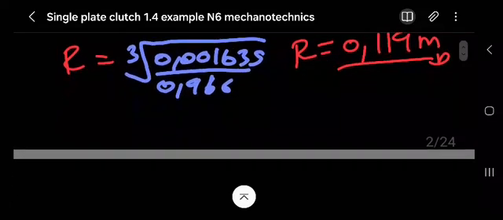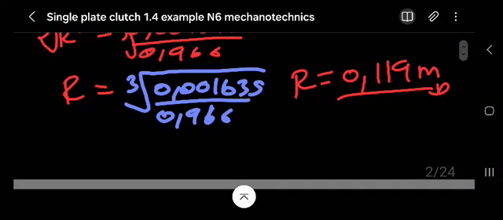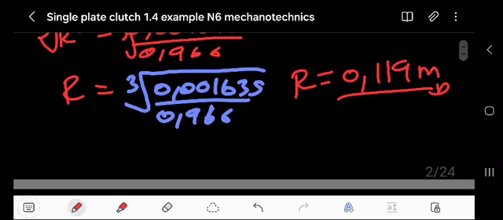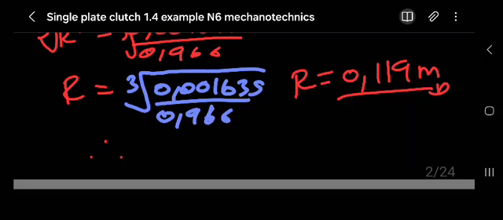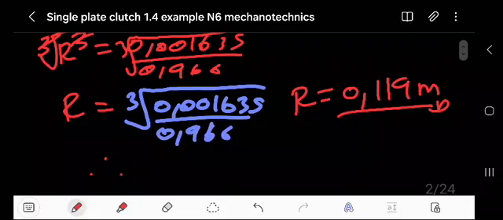Then it's in meter, but if I want the diameter, right, if I want the diameter, isn't it? Let me multiply this by 1000 for argument's sake. If I multiply this by 1000, this r will be in millimeter.